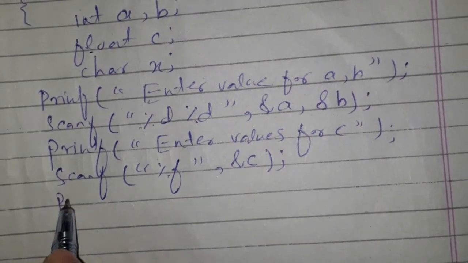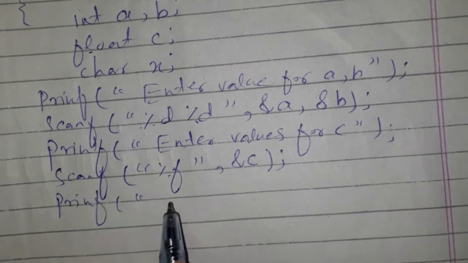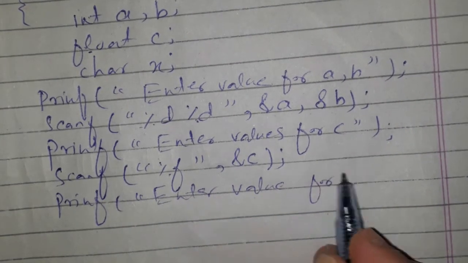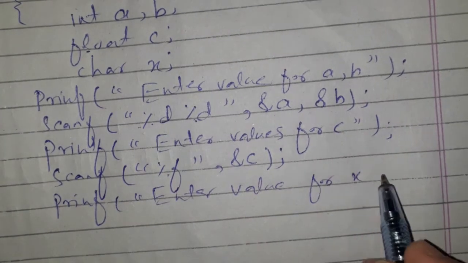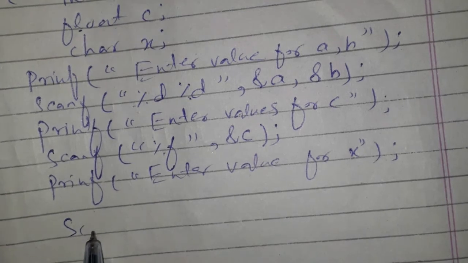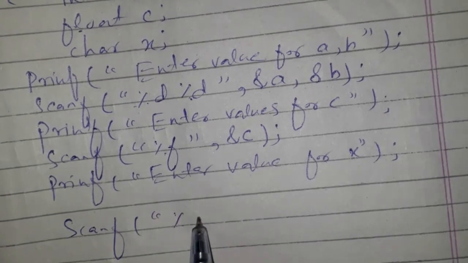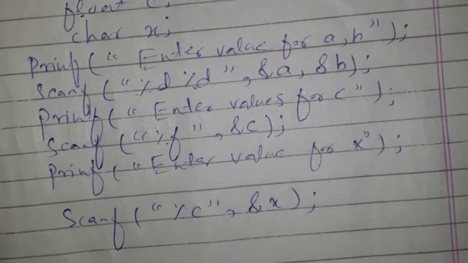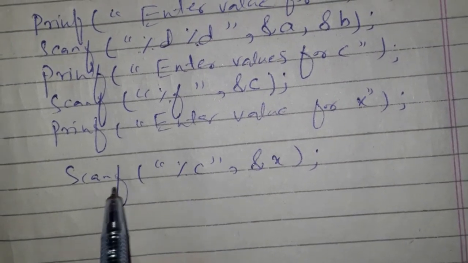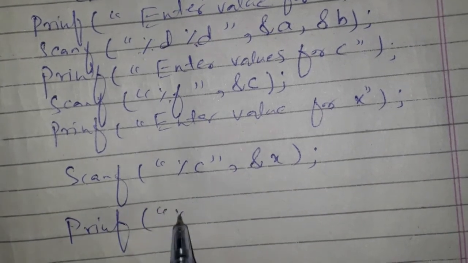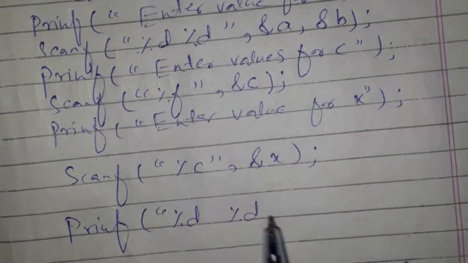Now again with the printf function, enter value for character, so format specifier %c is used in the scanf function for character data type. %c is used for character data type, and &x, so the value of character data type will be stored in x.